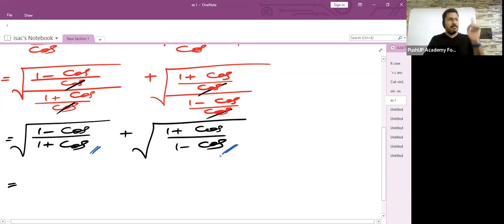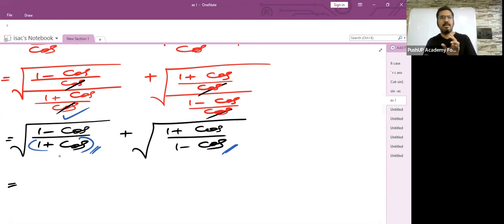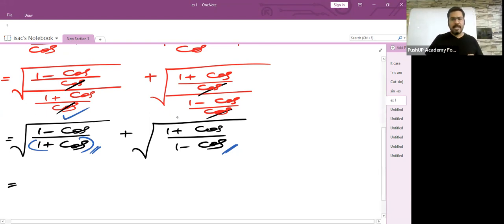So inside the first square root sign, you should multiply the denominator with 1 minus cos, so that 1 plus cos into 1 minus cos becomes 1 minus cos square, which in turn gives you sine square.